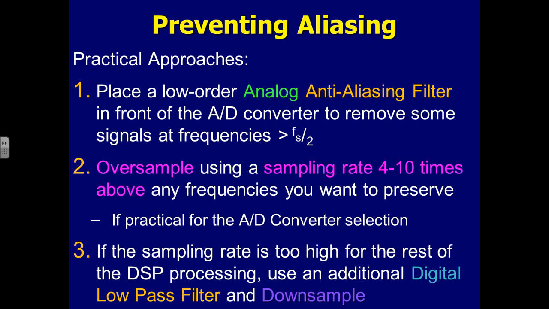We'll use a very high-speed analog to digital converter to get a very high sampling rate. And then we'll actually add in a digital filter, a fairly high-order digital filter, to take those samples and remove any alias signal, and then actually downsample the result to a rate that the rest of the system can sustain.